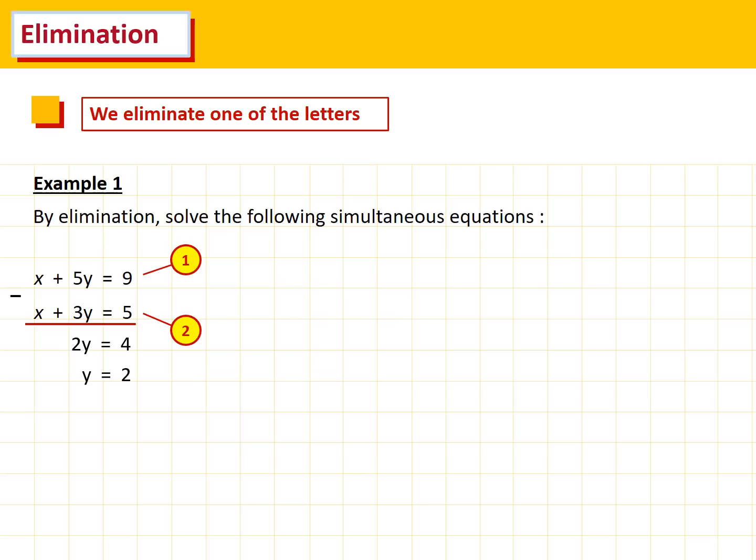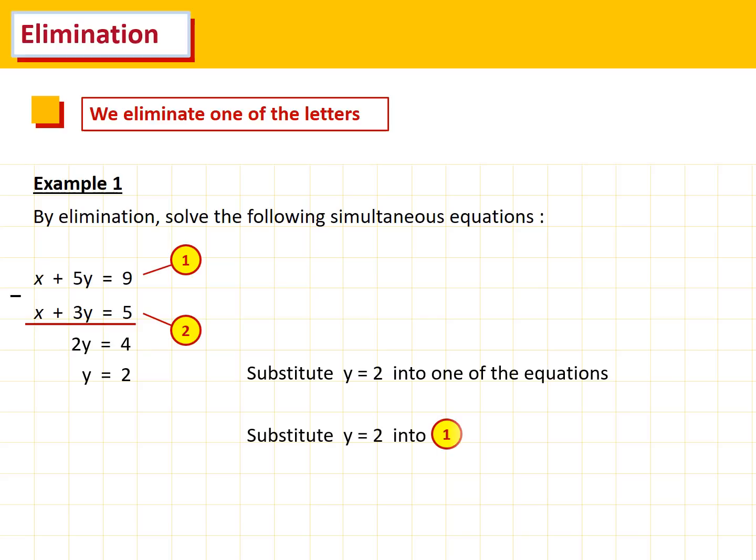Now we need to find the x value. So we take our y value and we substitute it into one of the equations. I'm going to substitute it into equation number 1. And when I do, I'll end up with x plus 5y, and because y is 2, 5y becomes 10.